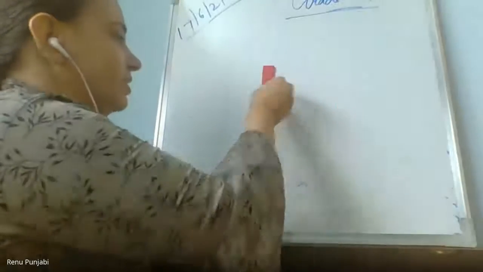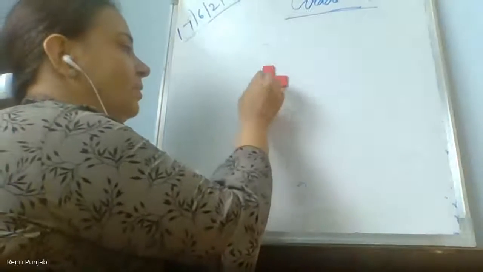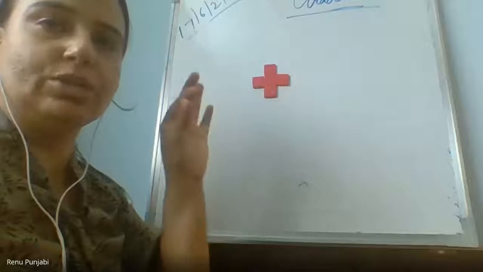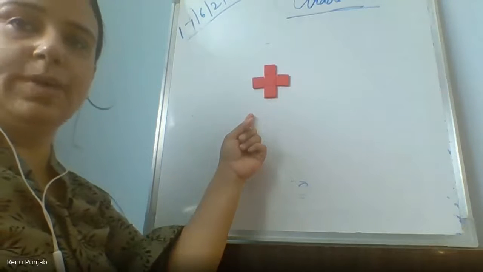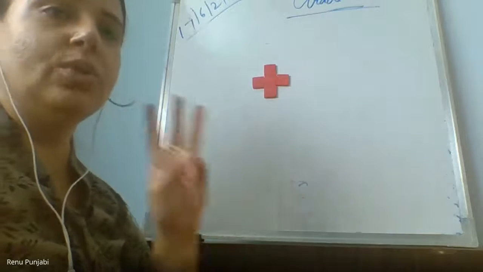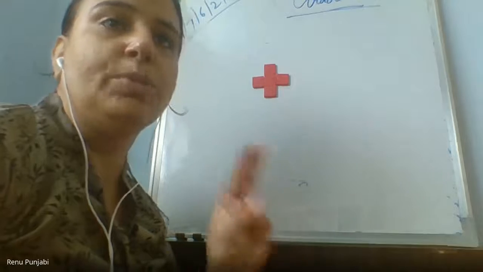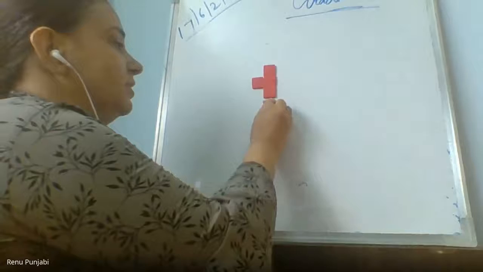I will arrange them into different shapes. Can you all see how many squares I have used? 5 small squares I have used, and I have arranged them in this way to make a different shape. You can arrange these pentominoes into 12 different shapes.